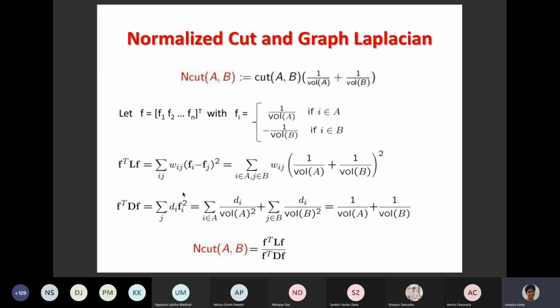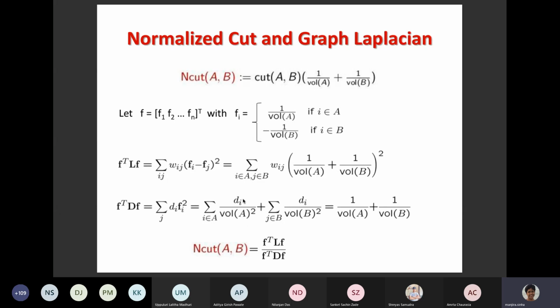One second. Okay. And then if we take F transpose times the degree matrix times F, this will be equivalent to the summation of di into fi square. Now for fi, how is it defined? It is 1 by volume of A if i belongs to A, so this is 1 by volume of A square if i belongs to A. As this is a square, if j belongs to B, this will again be positive. So this will be the summation of di by volume of A square and di by volume of B square.